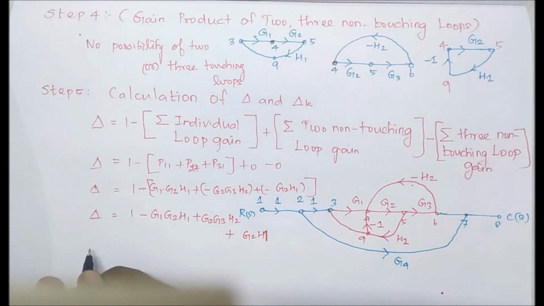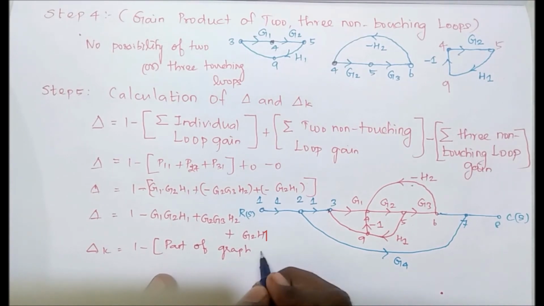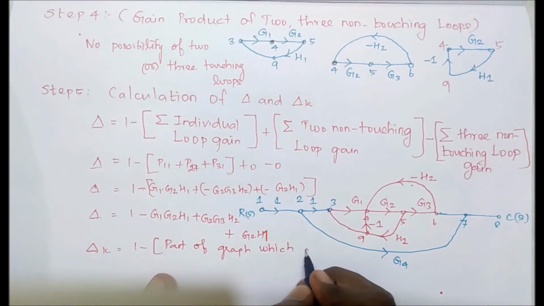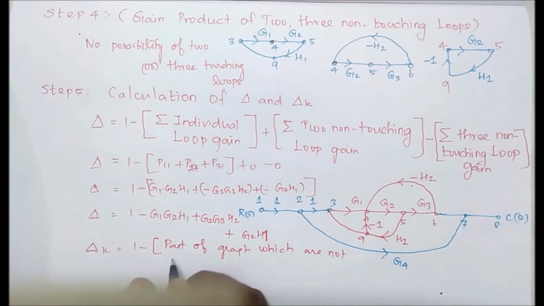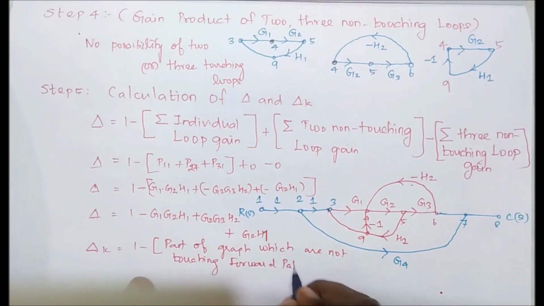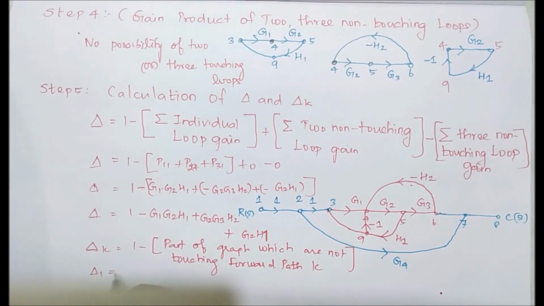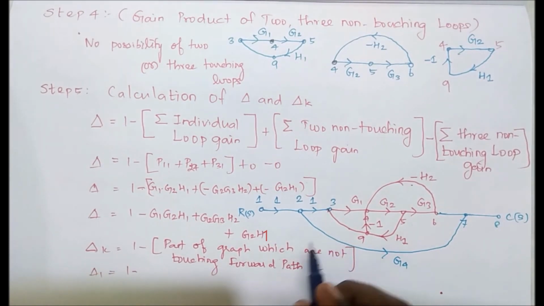Next we have to find del K. The formula for del K is 1 minus the part of graph which are not touching forward path K. Therefore to calculate del 1, here 1 minus, first forward path.